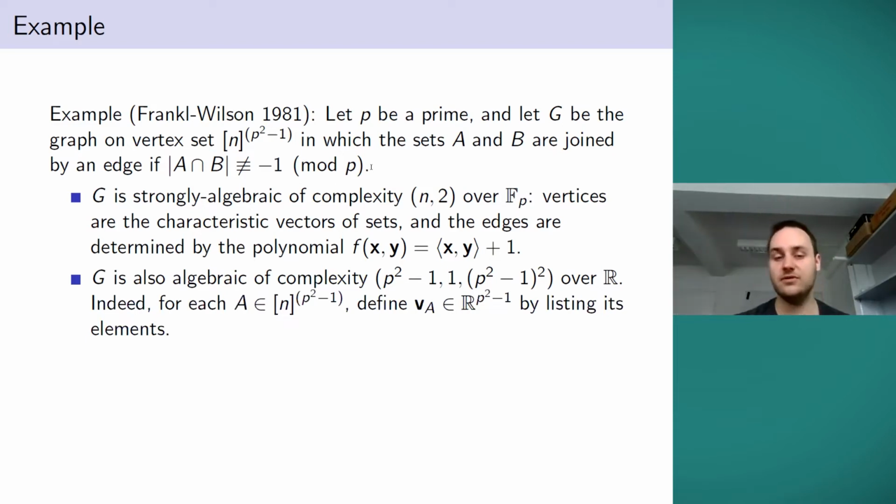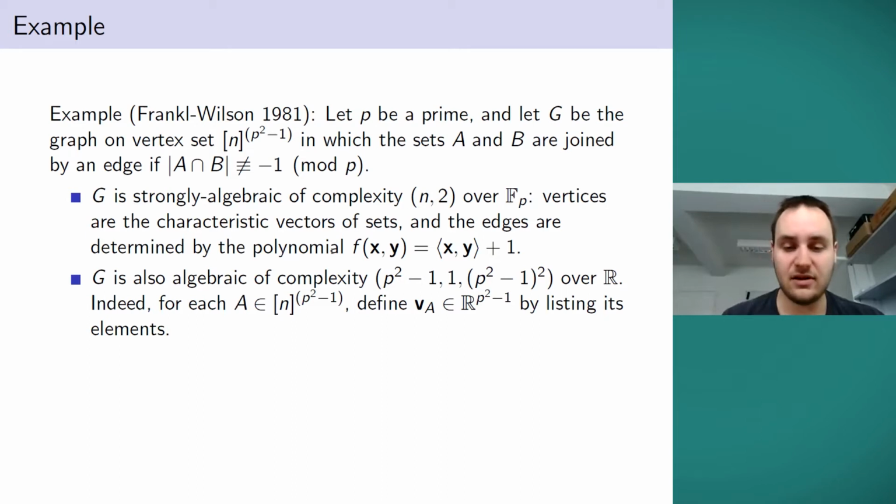Now what we do is, instead of looking at characteristic vectors, we identify each set A with a vector of length p² - 1 just by simply listing its elements. So if we have the set A, which contains the elements 1, 2, 4, then we just write down the vector (1, 2, 4).